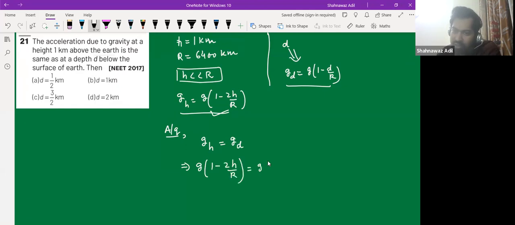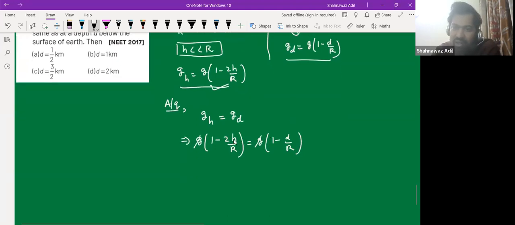And this is g times (1 minus d by r). So this thing gets cancelled, and the value of height they have already told about that. So we can also write 1 minus 2h by r and 1 minus d by r.